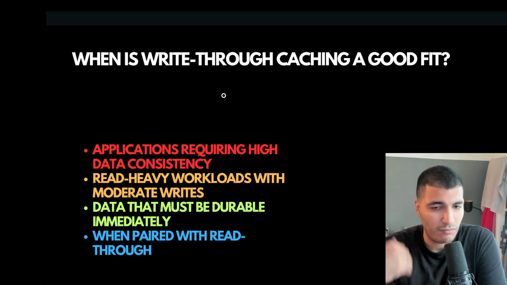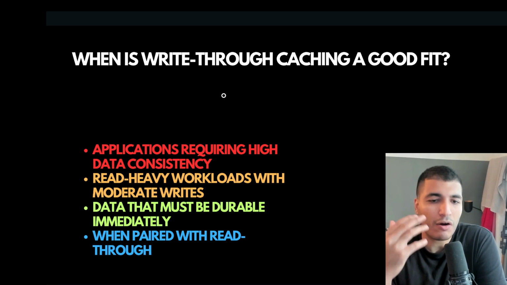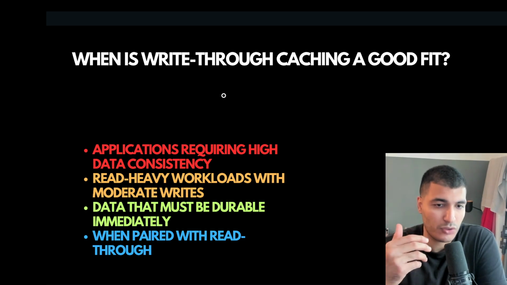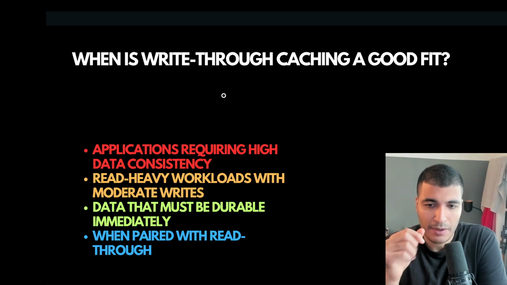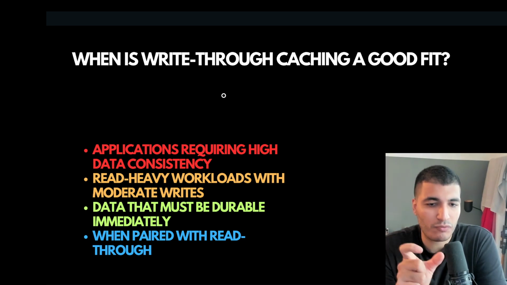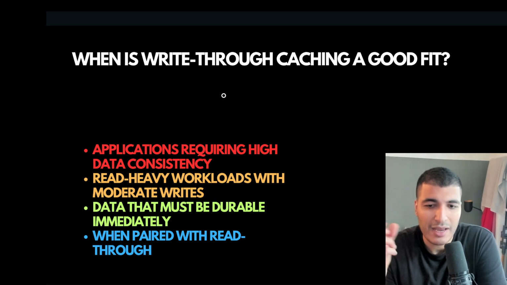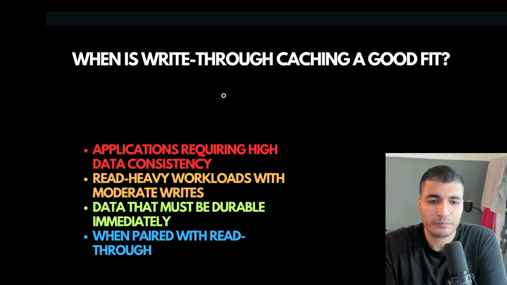Examples include financial systems, inventory management, or any application where data accuracy after a write is paramount. Number two, read-heavy workloads with moderate writes. While it adds latency to writes, if the number of reads far outweighs the number of writes, the benefit of having constantly fresh data in the cache for those numerous reads can justify the slower write performance.